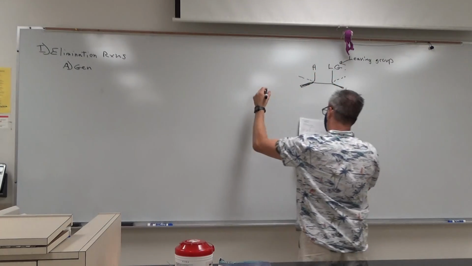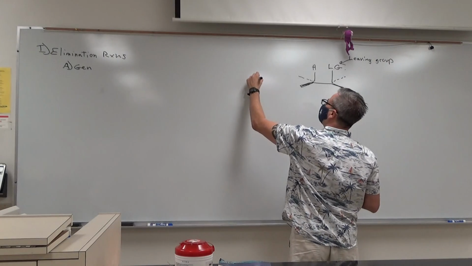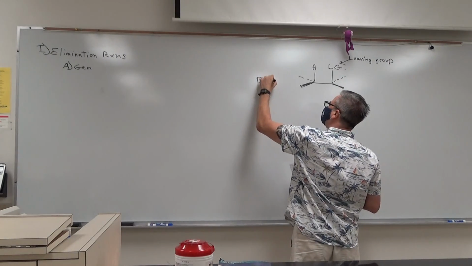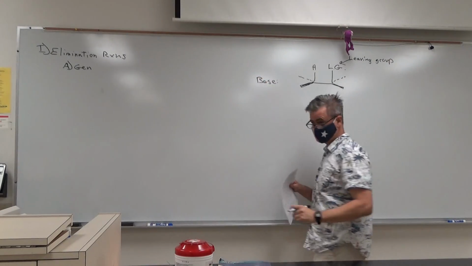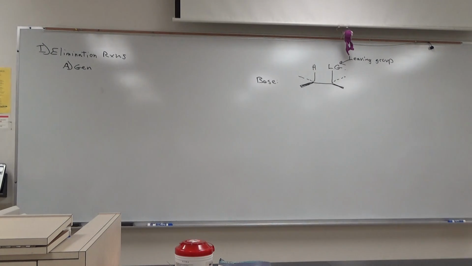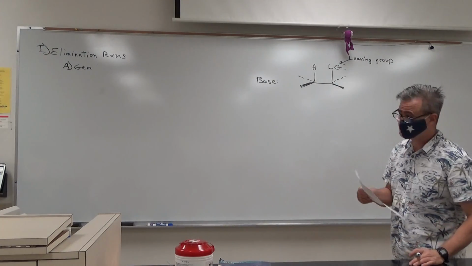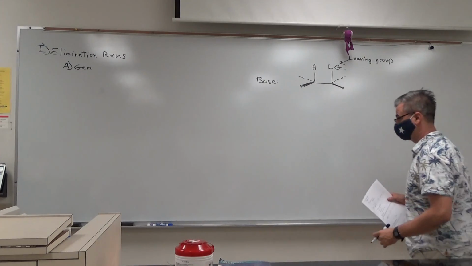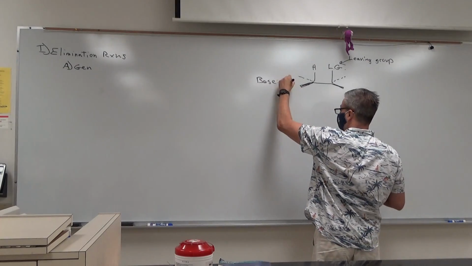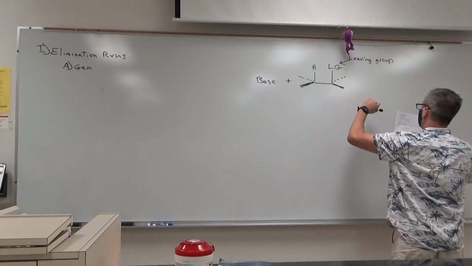Your proton. Okay? You need some kind of base. In some types of elimination reactions, it's going to be a very obvious, typically strong base. In other elimination reactions, for instance the one we're doing today, it doesn't necessarily have to be very strong. I mean, today it's going to be water.